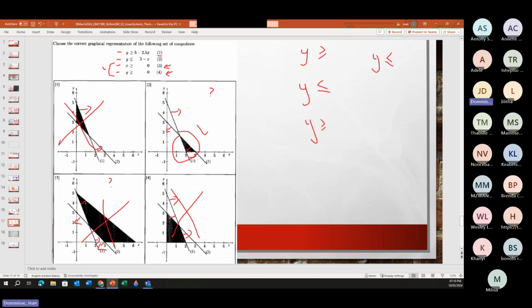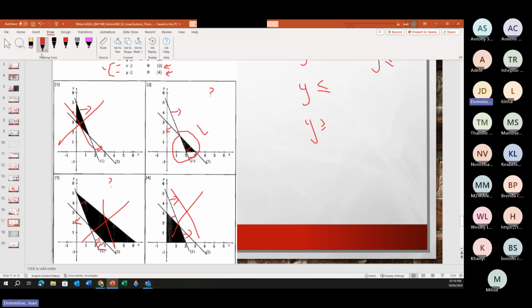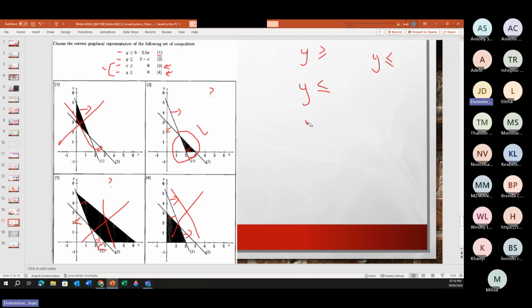If it was to this side, then we would have had that one and that one. So then we would have had option 1 as your correct one. So again, just be very careful with the inequalities and which one they give you, because that plays a huge role in what your feasibility area will look like.